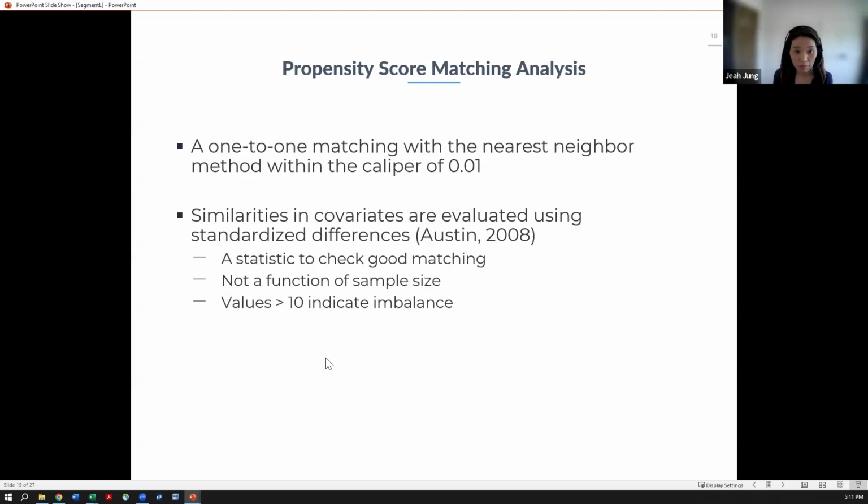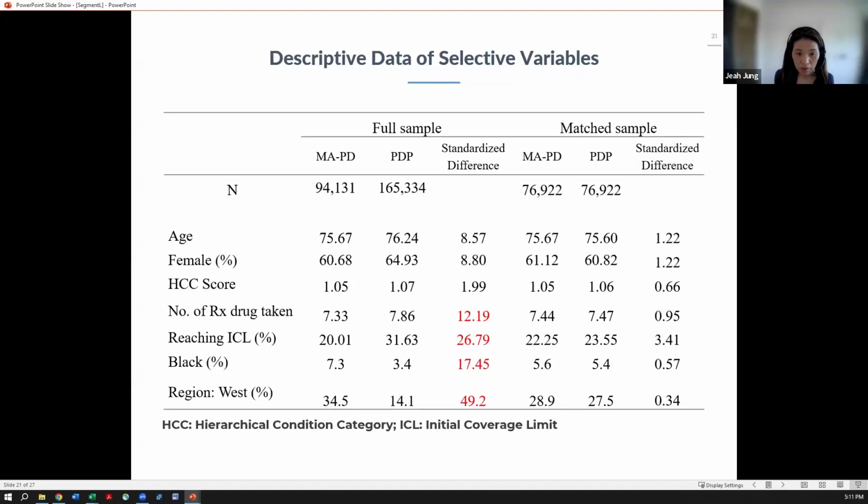It was one-to-one nearest neighbor matching with a caliper of 0.01, and we assessed whether the matching was performed properly using standardized differences. If values are less than 10, that usually indicates a good balance, right? And here is the distribution: the full sample before matching, and this is after matching.